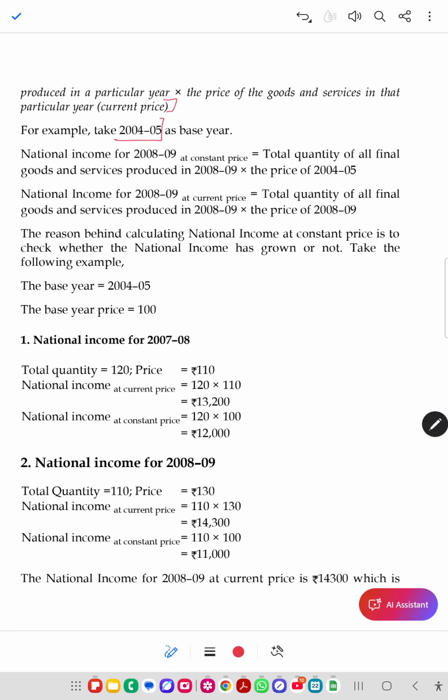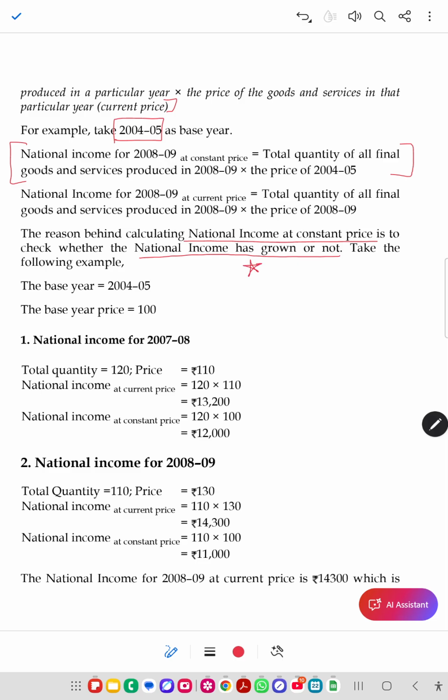For example, take 2004-5 as the base year. National income at 2009 constant price is equal to the total quantity of final goods and services produced in 2008-9 into the price of 2004-5. The reason behind calculating the national income at constant price is to check whether national income has grown or not.